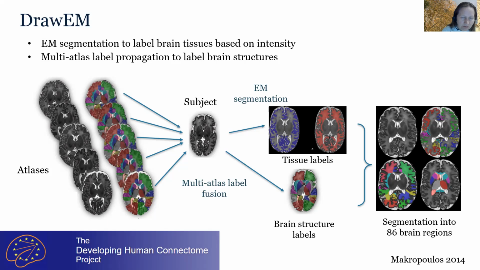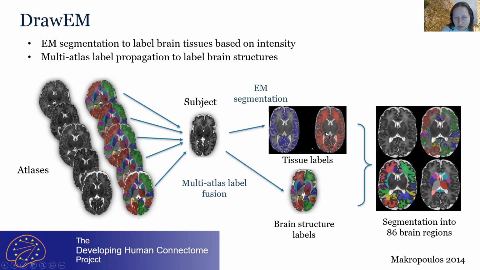Then, these atlases are used for multi-label propagation to propagate the labels to a new subject. So you can see these structures on the new subject that we want to segment. The tissues, such as cortical ribbon and white matter, are separated using EM segmentation based on intensity.